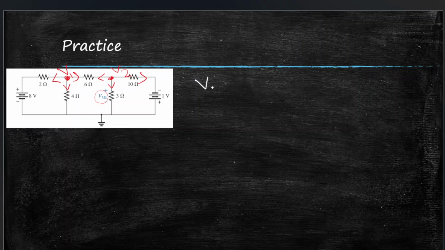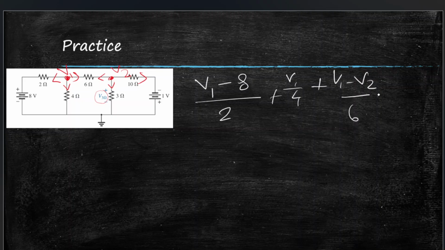Okay, so for node V1: V1 minus 8 volts entering through plus, so it's minus over 2 ohms. Then plus V1 over 4 plus V1 minus V2 over 6 is equal to 0. Now let's simplify.